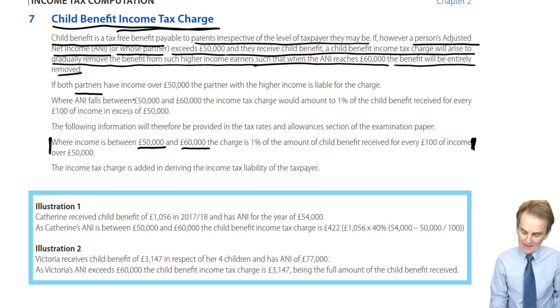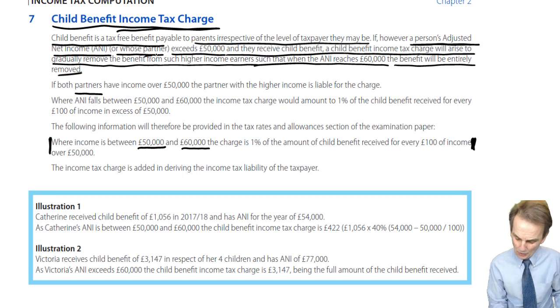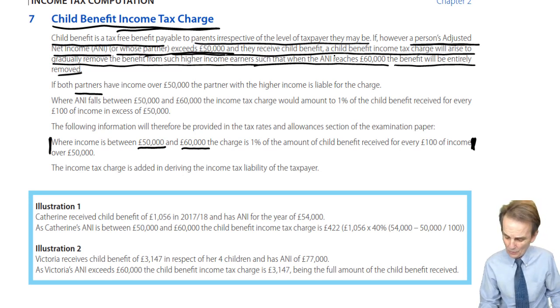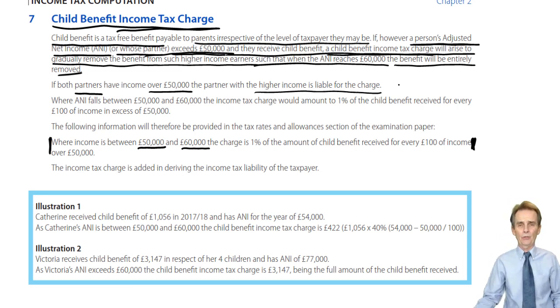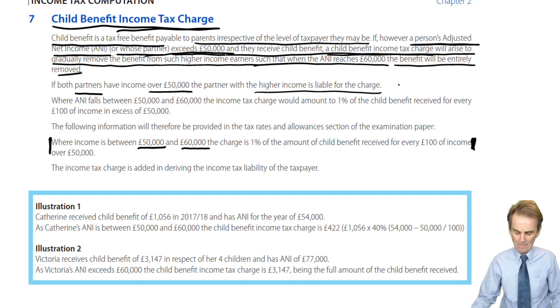Now then, we said up here that if our person's adjusted net income, or that of their partner, exceeds 50,000, then if we receive a child benefit, we'll get this child benefit income tax charge coming in. If both partners have income over 50,000, the partner with the higher income would in fact be liable for the charge, though that issue will not be tested in our exam.